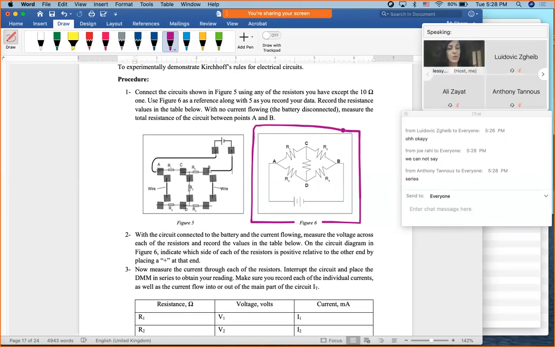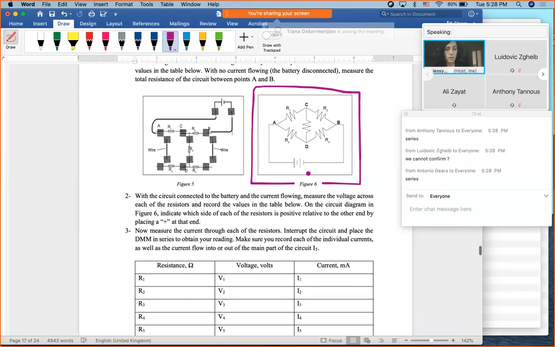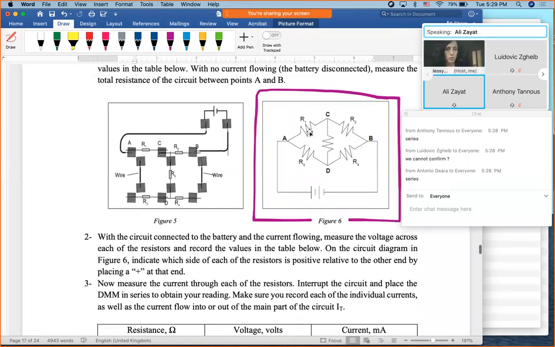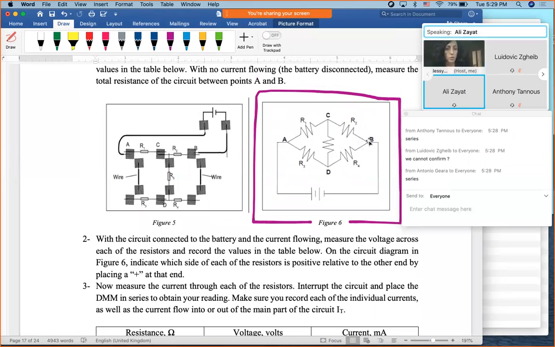Joe, why can't you say? You cannot confirm. All right, so R2 is in parallel with... not... and why isn't R1 parallel with R4?